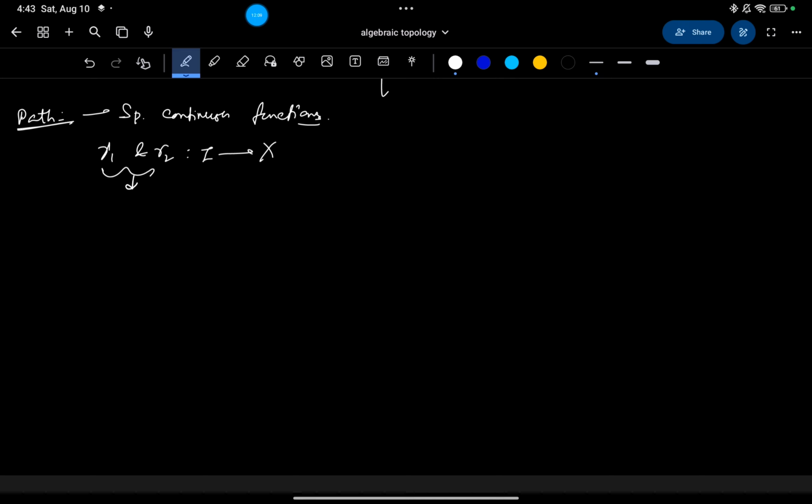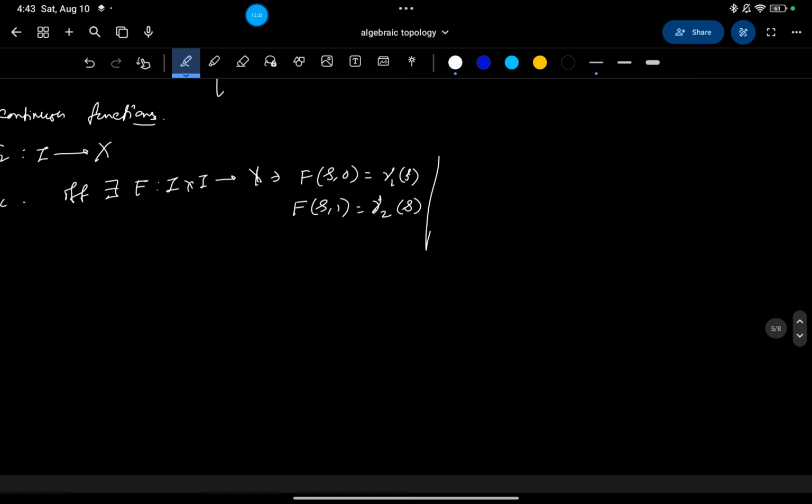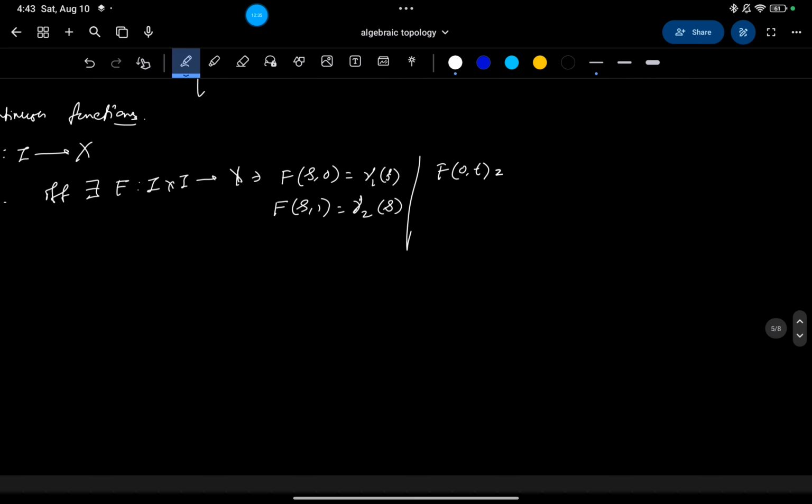Then gamma 1 and gamma 2 are said to be homotopic if and only if there exists capital F from I cross I to x such that F of s comma 0 is gamma 1 of s and F of s comma 1 is gamma 2 of s, and F of 0 comma t is gamma 1 of 0, same as gamma 2 of 0, and F of 1 comma t is nothing but gamma 2 of 1, same as gamma 1 of 1.